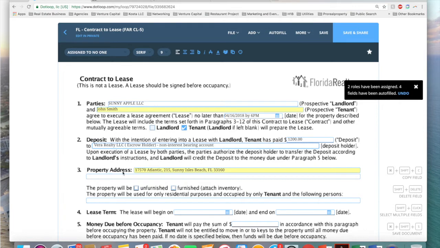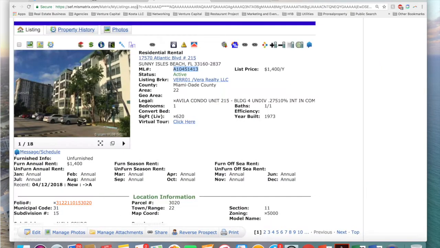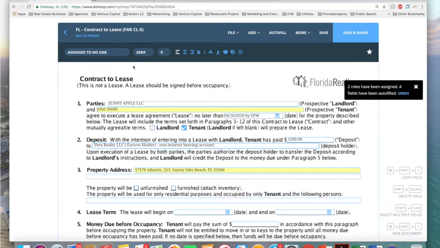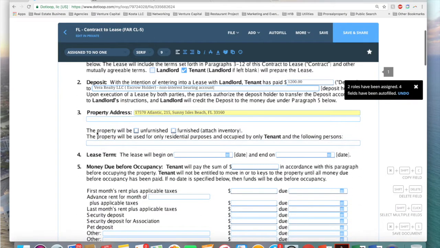Number 3, we have a property address, which was imported by .loop from MLS, but if it did not, we can just copy and paste it. Now going back, the property will be unfurnished or furnished.